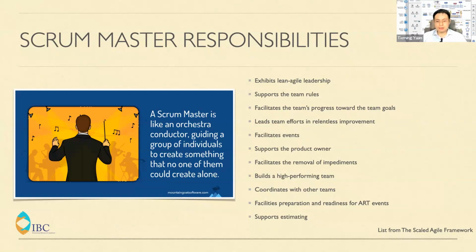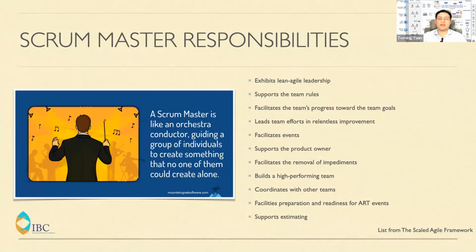So facilitates preparation and readiness of Agile release train events. When we do PI planning, Scrum Masters play an important role to coach, to teach, to mentor the team on how to be part of this PI planning, and supports estimating.